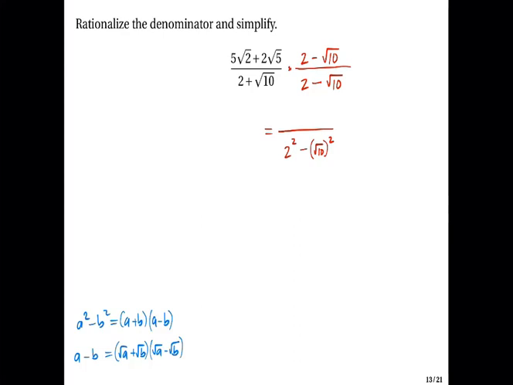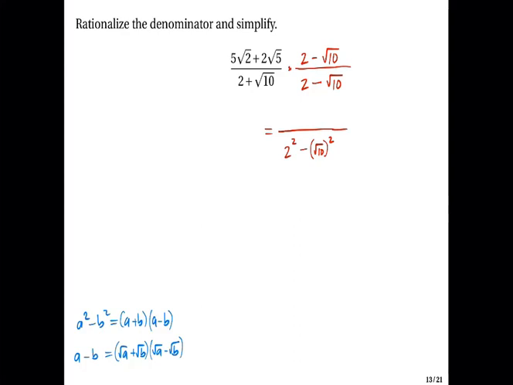You have the a plus b multiplied to a minus b. You get a squared minus b squared. So here, 2 plus square root of 10 multiply to 2 minus the square root of 10, you have 2 squared minus quantity square root of 10 squared. That's for the denominator. For the numerator, you just apply FOIL method or the distributive method. Okay?